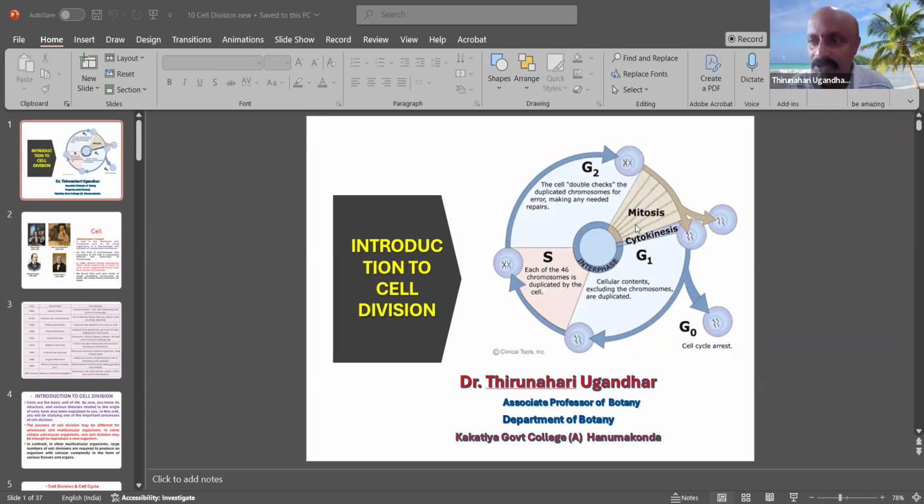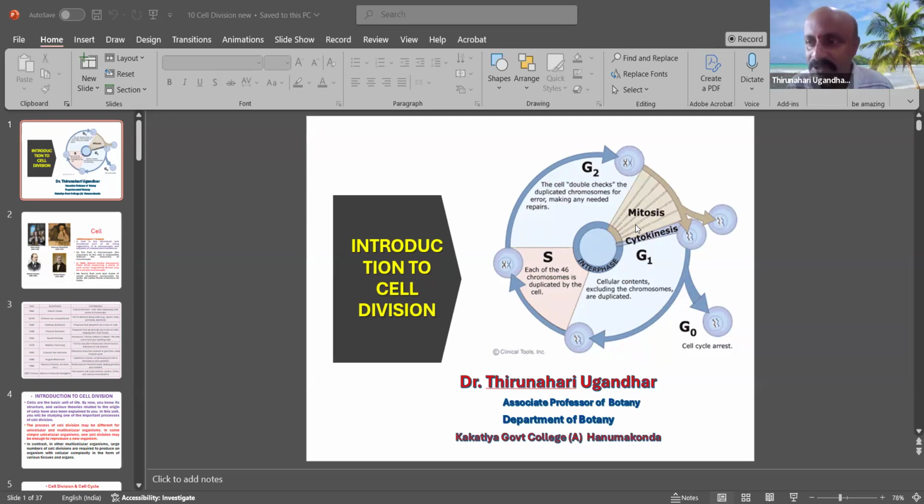In reproductive organs, before fertilization, the pollen grains and ovules are formed from the microsporangium and megasporangium. In the microsporangium, the microspore mother cell, and the megaspore mother cell undergo meiotic division to reduce the number of chromosomes and form haploid gametes, male and female.